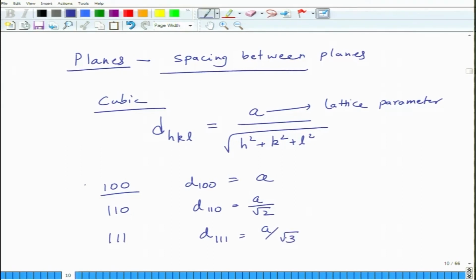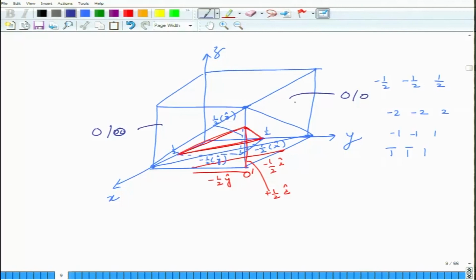That is how you can determine the plane spacing, and you can also find that different planes are at different angles. For example, this is the 1 bar 1 plane, and let me draw a different plane. You have one plane which is this plane, and you have another plane which is this plane.